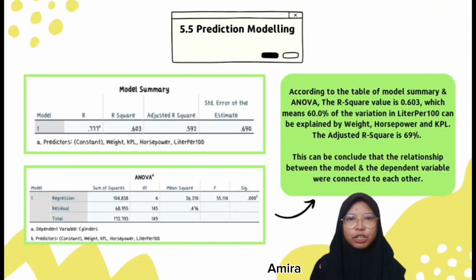According to the table of model summary and ANOVA, the R-square value is 0.603, which means 60% of variation in liter per 100 km can be explained by weight, horsepower, and KPL. The adjusted R-square is 69%. This can be concluded that the relationship between the model and the dependent variable were connected to each other.